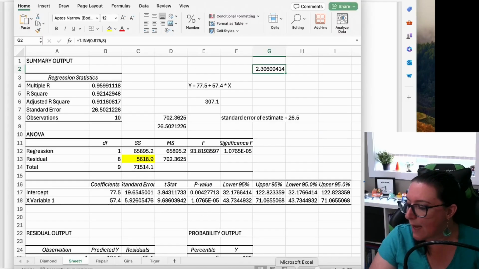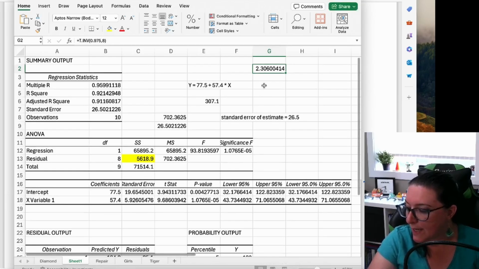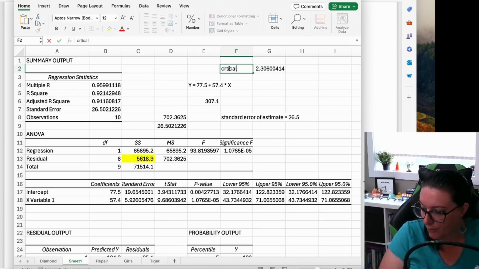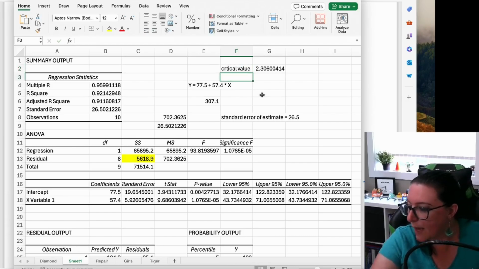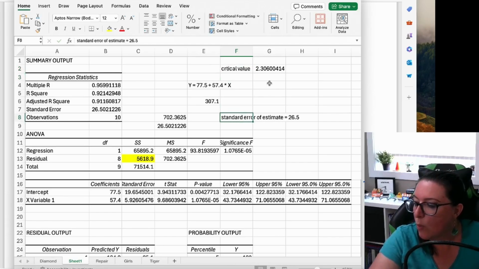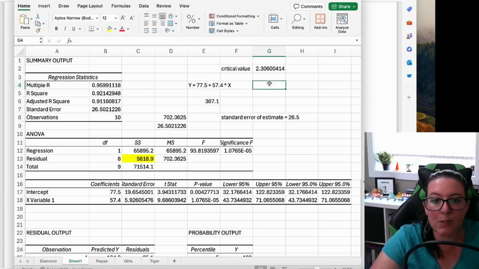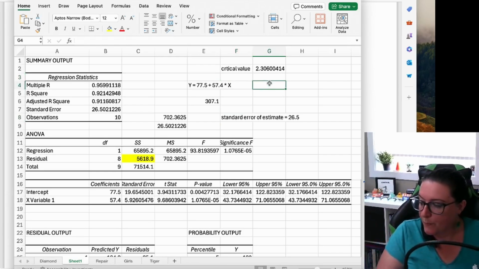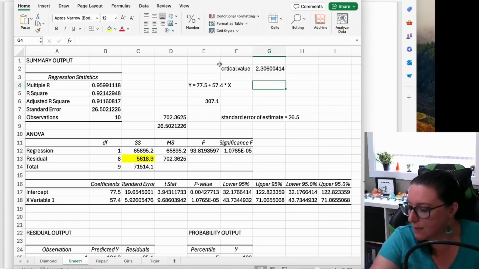Well, in Excel, I'm just going to write this out, this is our critical value. We have our standard error of the estimate. What we would do is first find the average for x's.